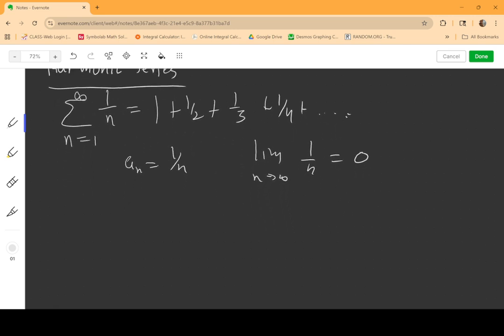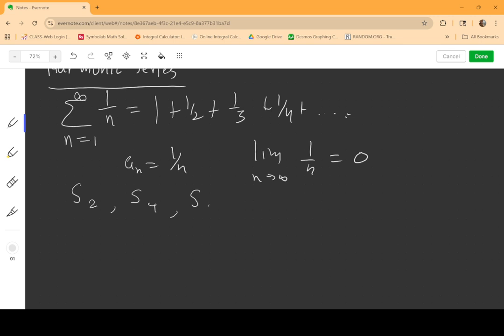And in particular, this one, we're going to take a different approach than the previous example because I don't have a formula to calculate a sum. So instead, what I'm going to do is focus on a particular set of the partial sums. I'm going to focus on all the powers of 2.